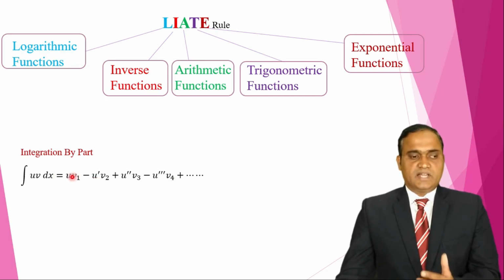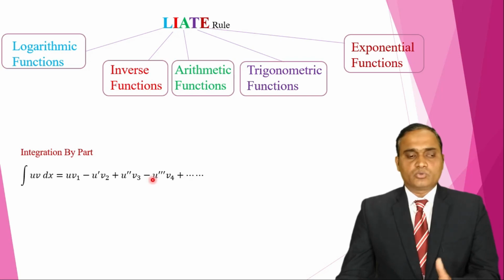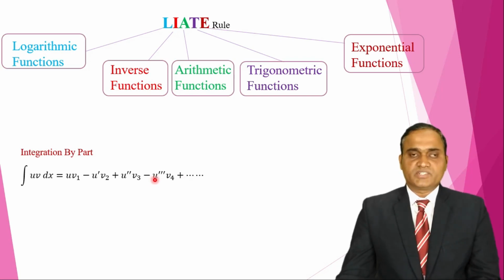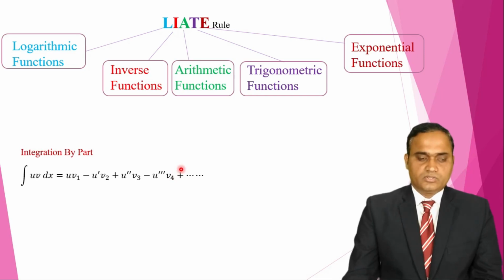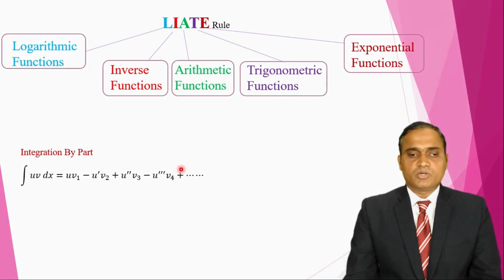Dash represents the derivative, that means u double dash means we have to take the double derivative. Here we have to take the derivative three times, and v1, v2, v3, v4 denote the integrations, the number of times we have to integrate. This is the integration by parts rule.